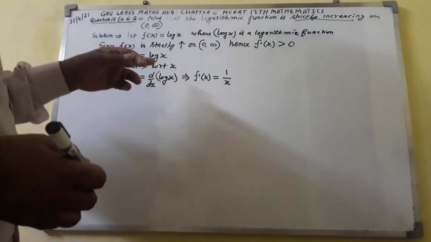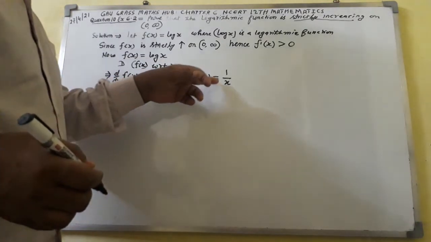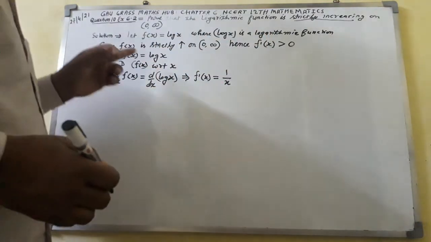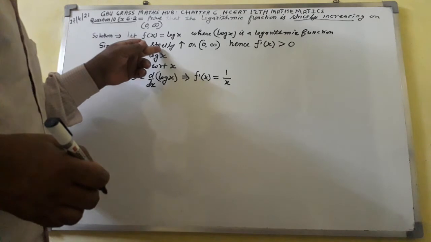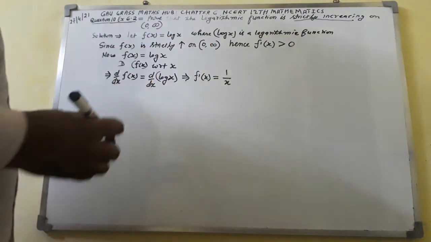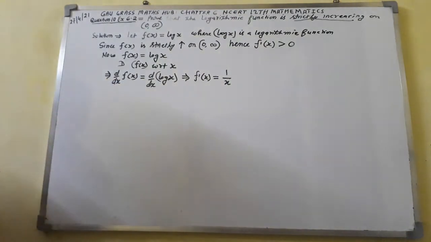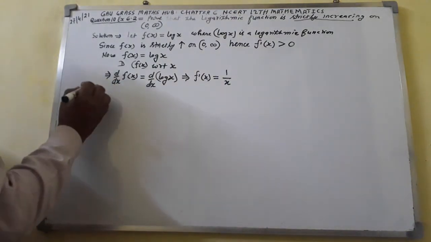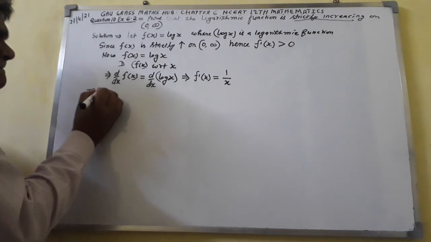Here it says if f dash x is greater than 0, then f of x will be strictly increasing on open interval 0, infinite open interval. Here I shall explain the interval.